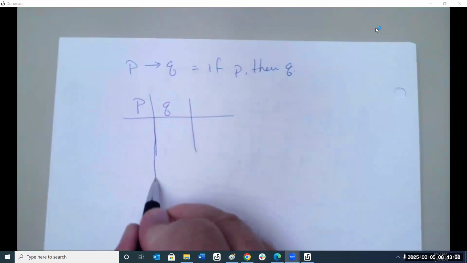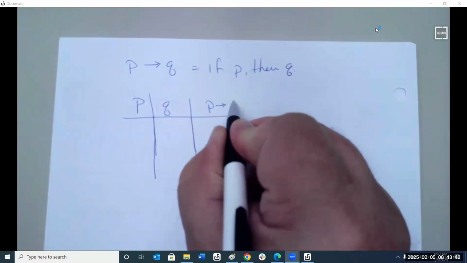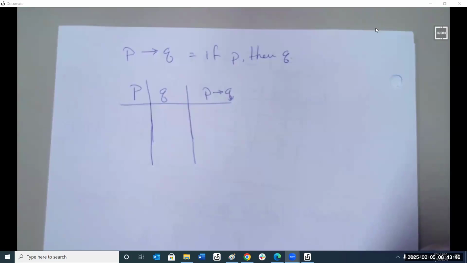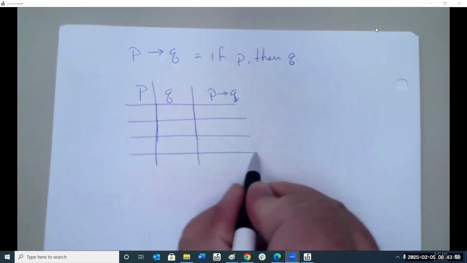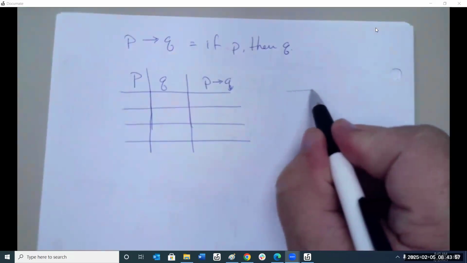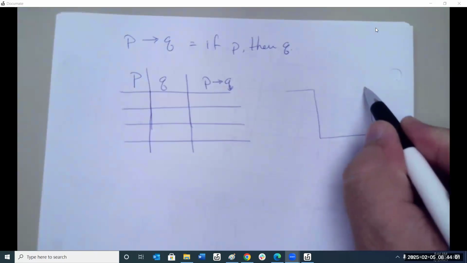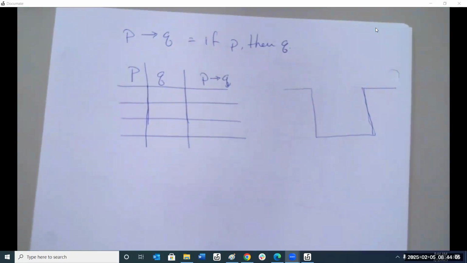So we have our P and our Q, and then we have if P, then Q. Because it's a conditional, we can't use that water thing anymore. So we use a valley.